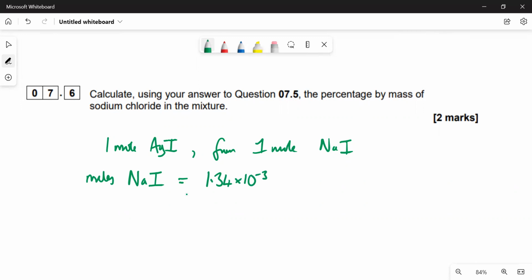So now we need to work out the mass of sodium iodide. That's equal to the moles times by the Mr. The moles we've got is 1.34 times 10 to the minus 3 multiplied by the Mr. The Mr of sodium iodide is 149.9.